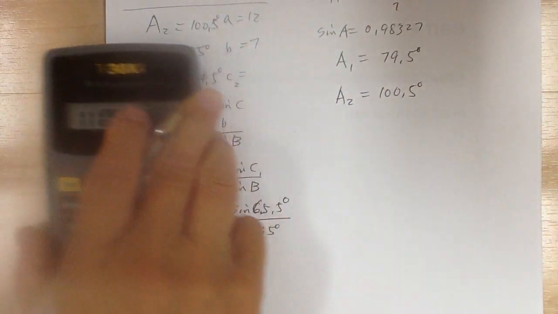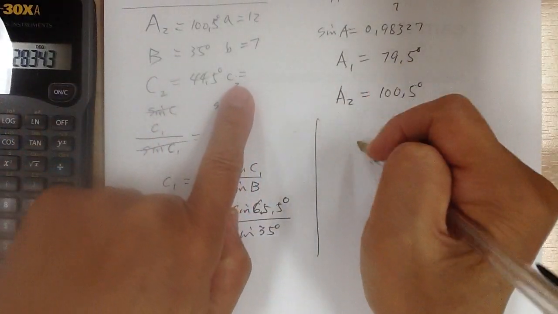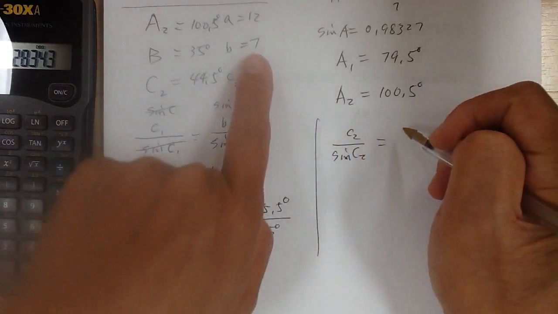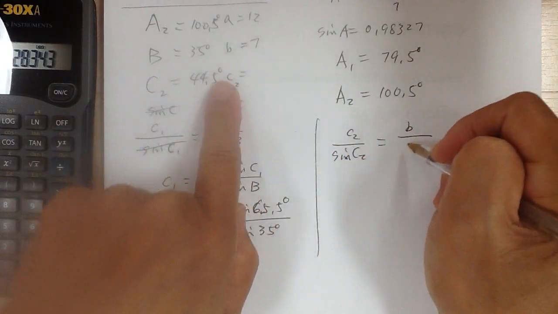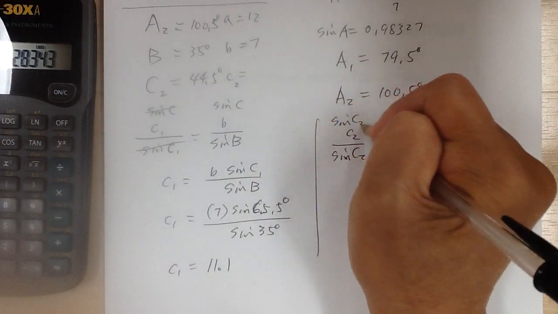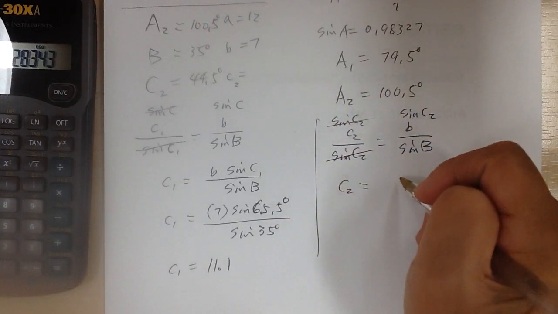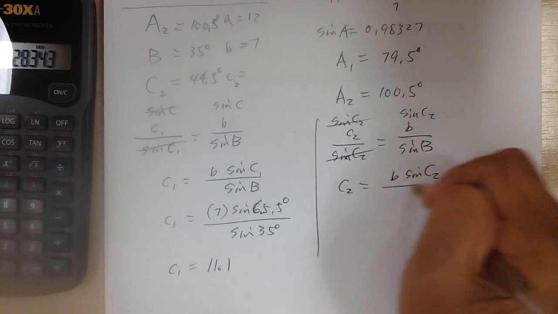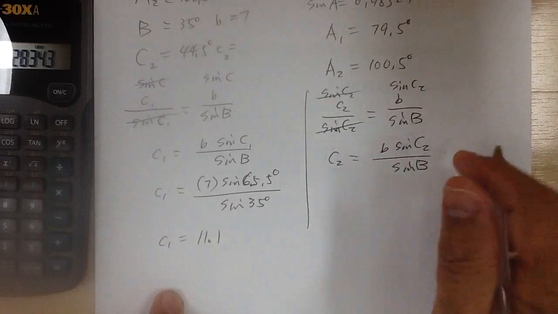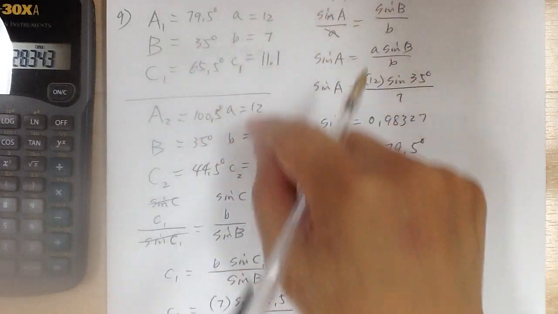And then to find c2, you do the same thing. c2 over sine C2 equals b over sine B. Multiply by sine of C2, so this will cancel out. So c2 equals b sine of C2 over sine of B. Notice there's no B1, B2, because B is given, so it stays the same for both.